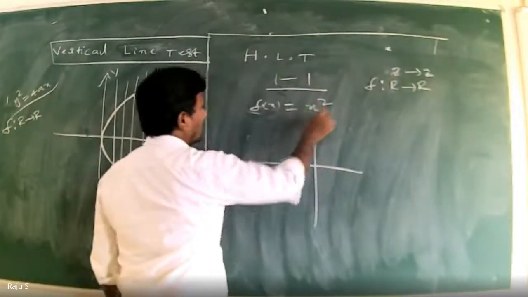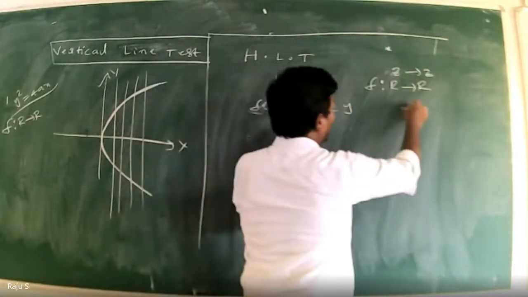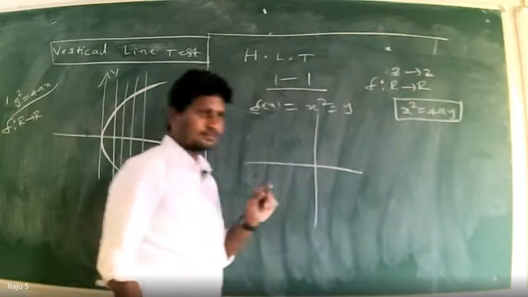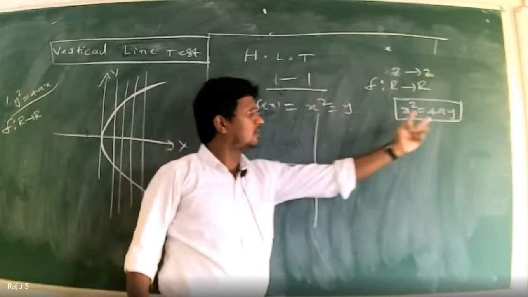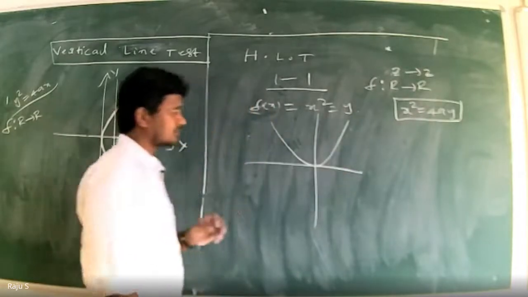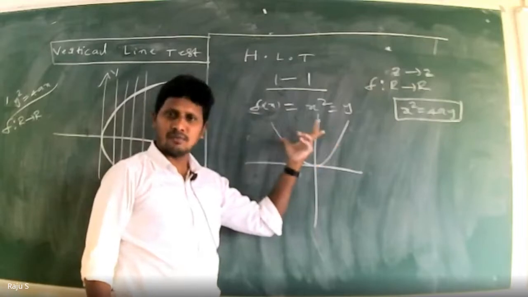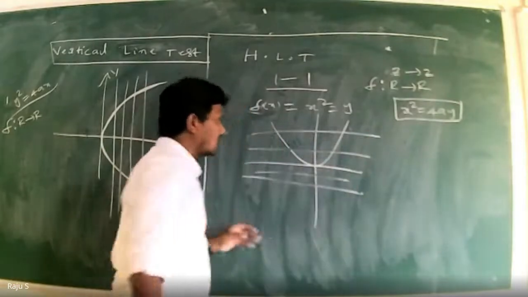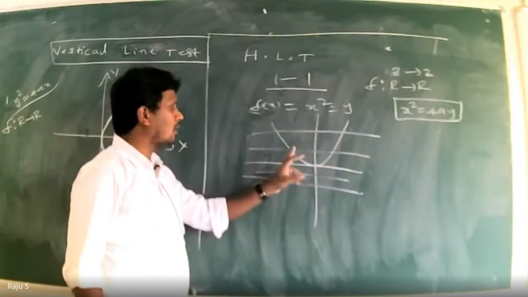It is y is equal to x square, which is in the form x square is equal to 4ay. Again a parabola. This is the standard form. It opens upwards, passing through the origin, a U-shaped curve. Now I am going to draw the horizontal line like that. So a few horizontal lines can meet the given curve at how many points here?